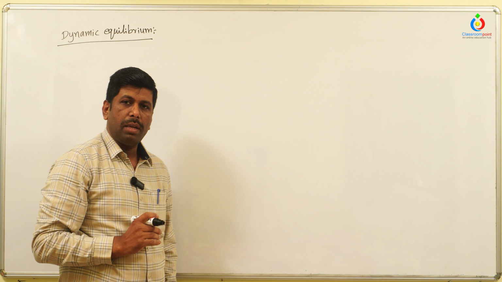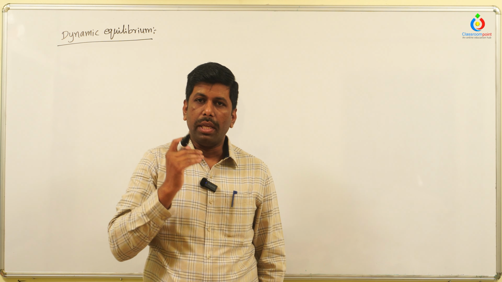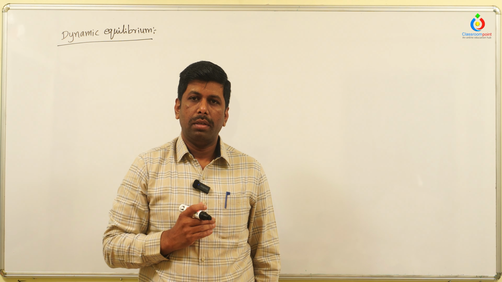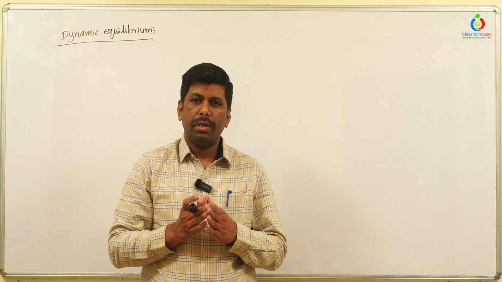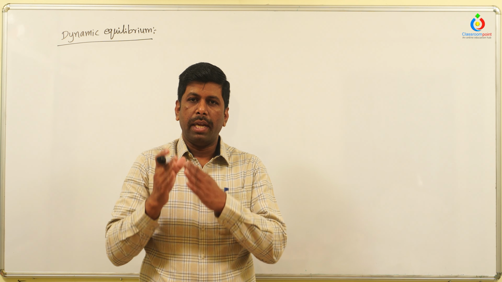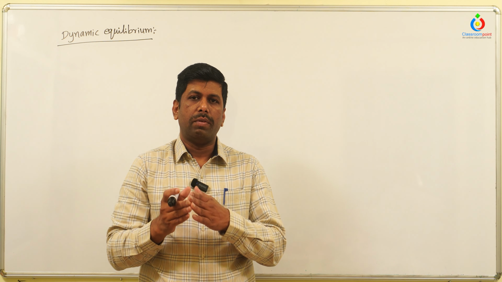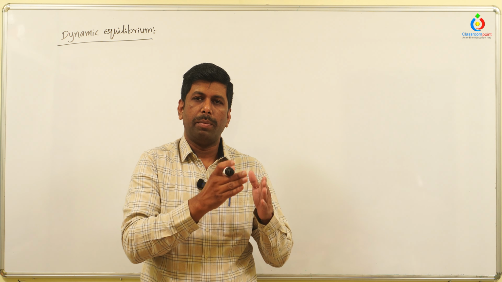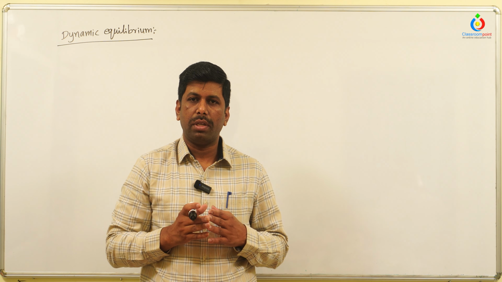So dynamic equilibrium means in the equilibrium there is a movement. Usually equilibrium exists between the reactant molecules and the product molecules. Reactant molecules always convert into the product molecules, and product molecules always convert into the reactant molecules.